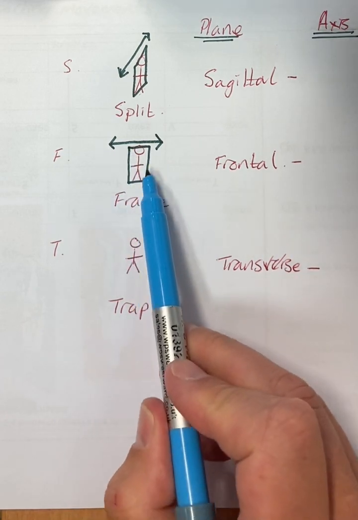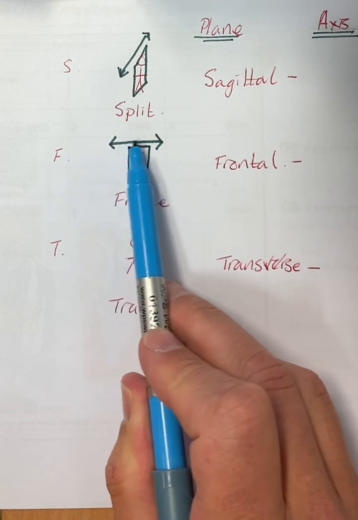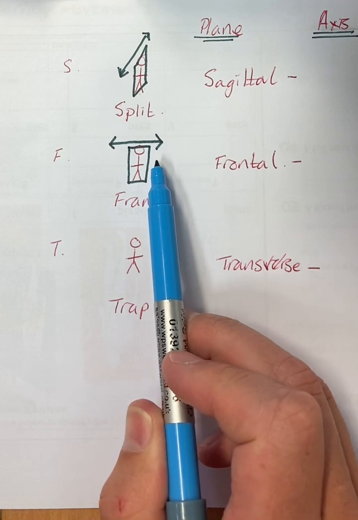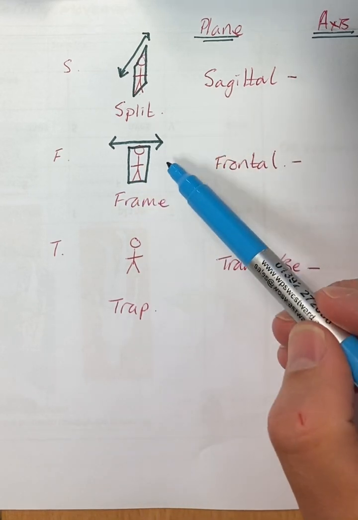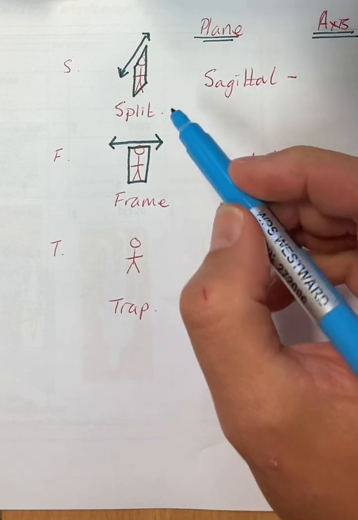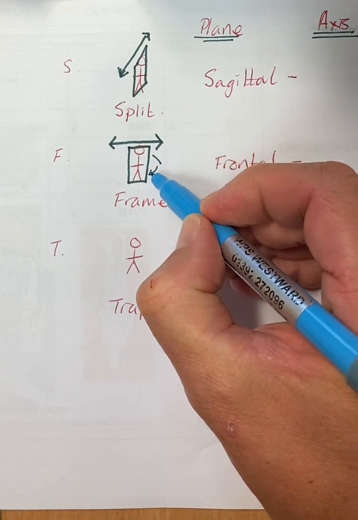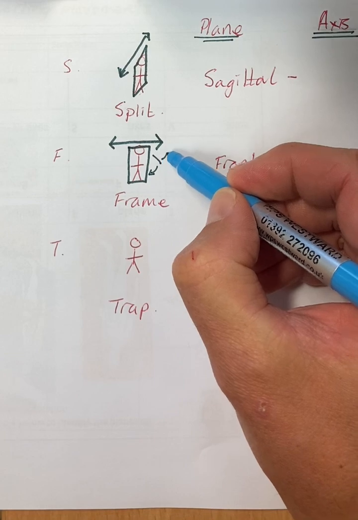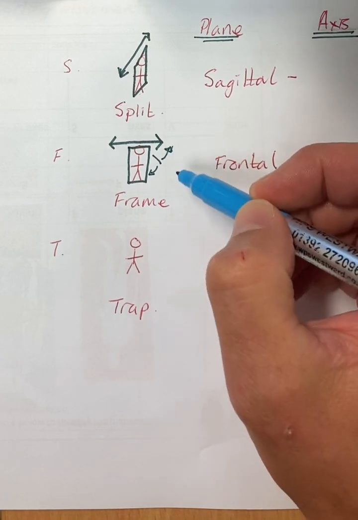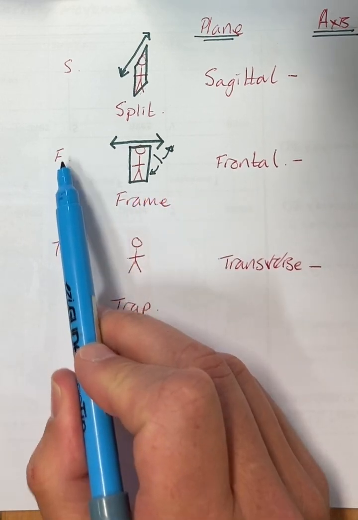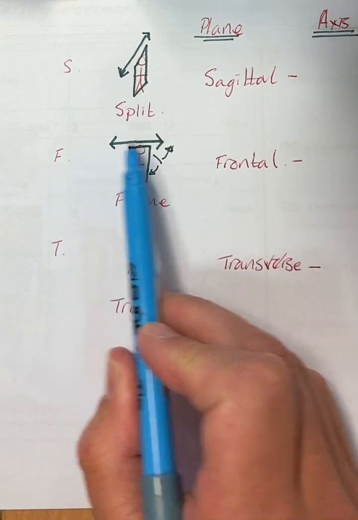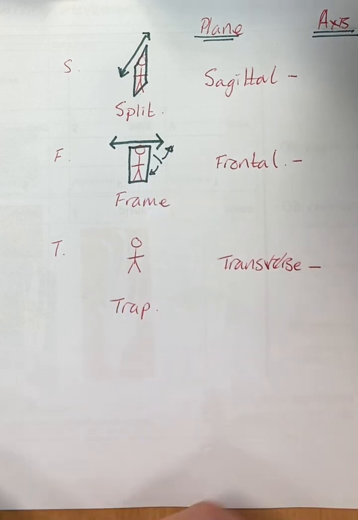He's now trapped in his frame and can only move left and right, so he can only do movements of abduction and adduction. Remember, adduction is adding to the body, where the arm or the leg comes into the body. Abduction is going away, as in being abducted by aliens, being taken away from the body. So in the frame, he can only move left and right, doing abduction and adduction.